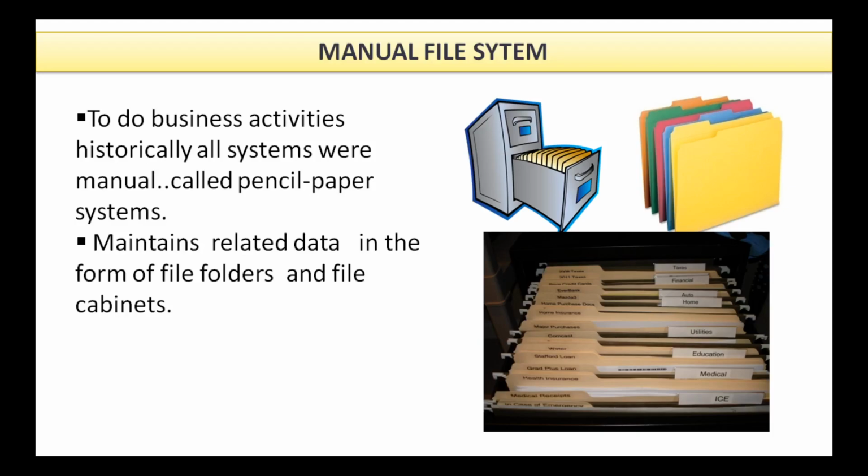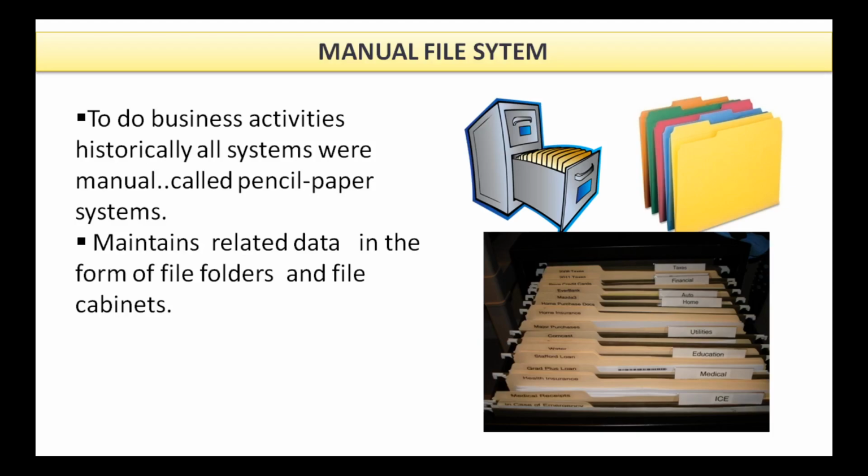Students, just observe all these diagrams. Every piece of data in business organizations is recorded on paper, and all the related papers are tagged together in a file folder, and all the file folders are arranged in order in a file cabinet.